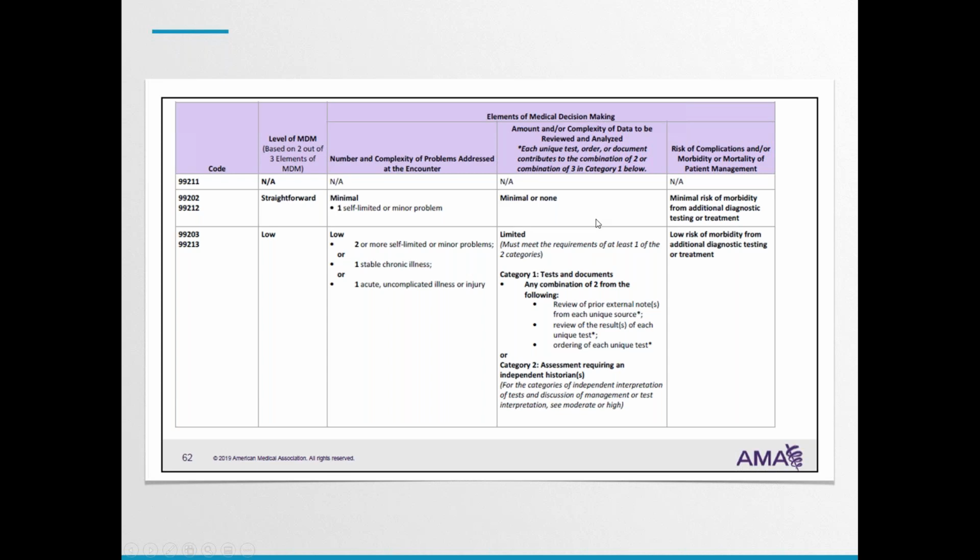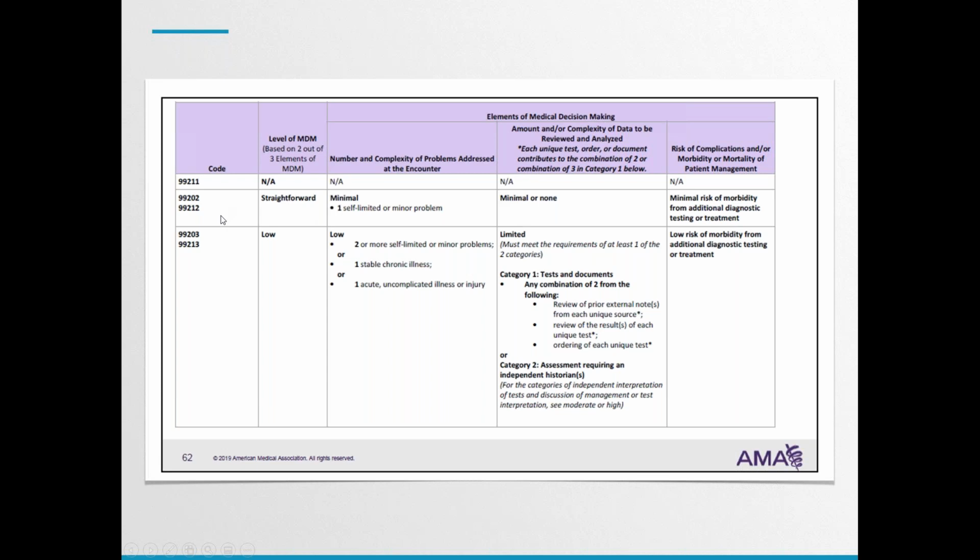All right, now the first thing we look at the code area is, look at this, your new and established are at the same area. So a straightforward medical decision is going to yield you a level 2, whether that patient is new or established.